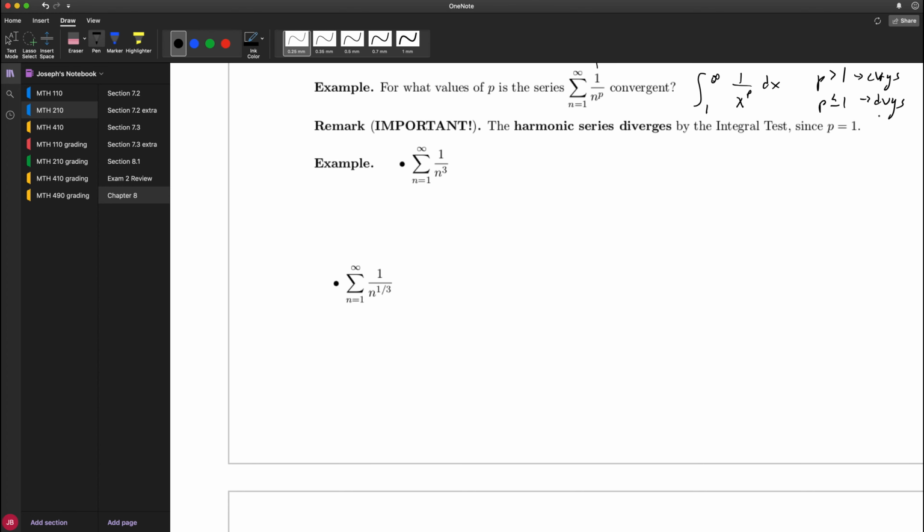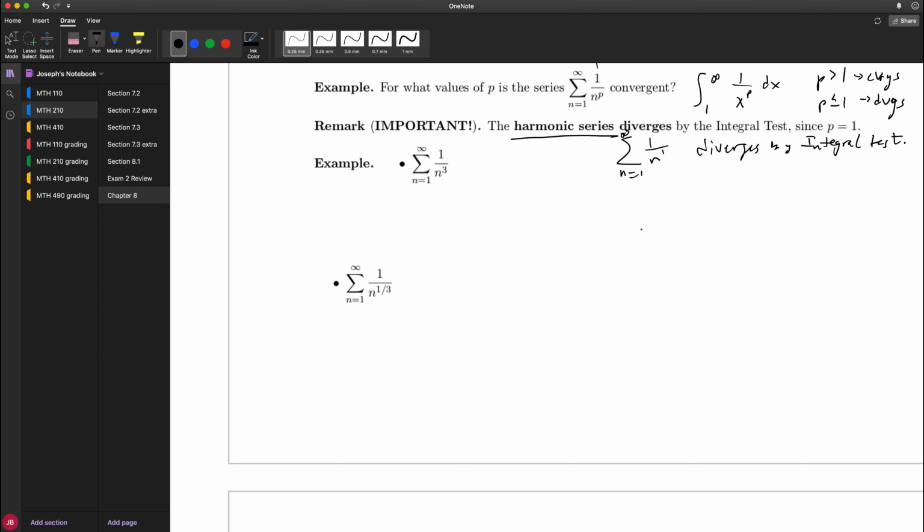And so these we can actually just call p series with p equal to either something bigger than 1 or less than or equal to 1. So an important remark here, the harmonic series is a very helpful and useful counterexample. Notice that by the integral test, this diverges because p is equal to 1, right? This is 1 over n to the first. So this is another reason why it diverges.